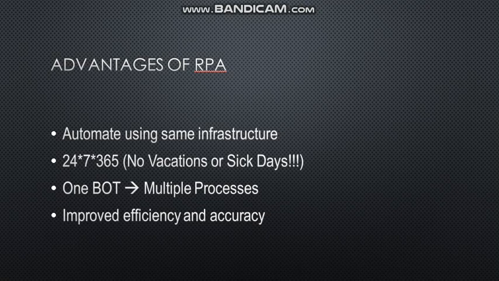Once that process is complete, we can wait for users to acknowledge us back and reply to them with appropriate messages. With RPA solutions, we have improved efficiency and accuracy because, unlike a user, a robot will never make mistakes.